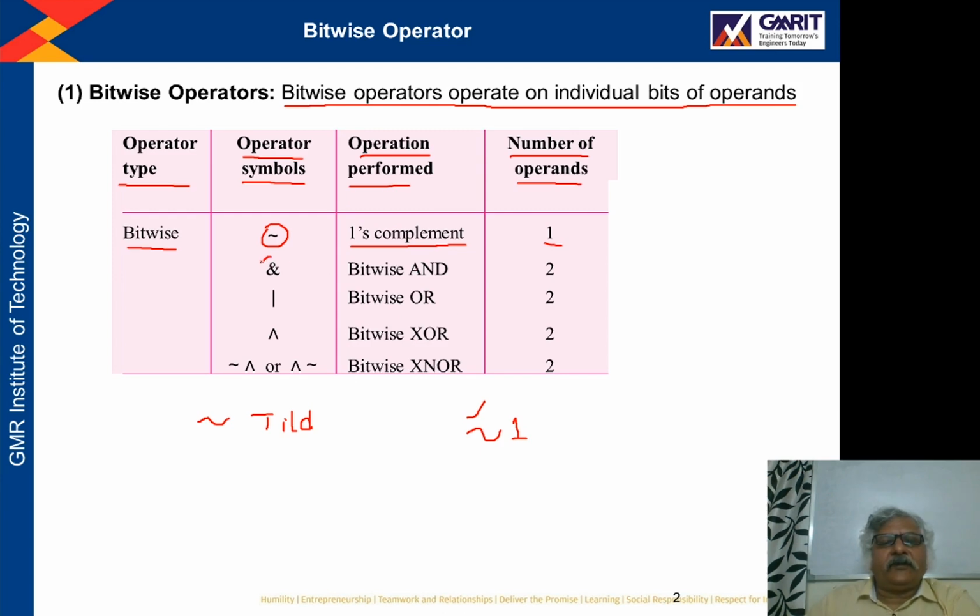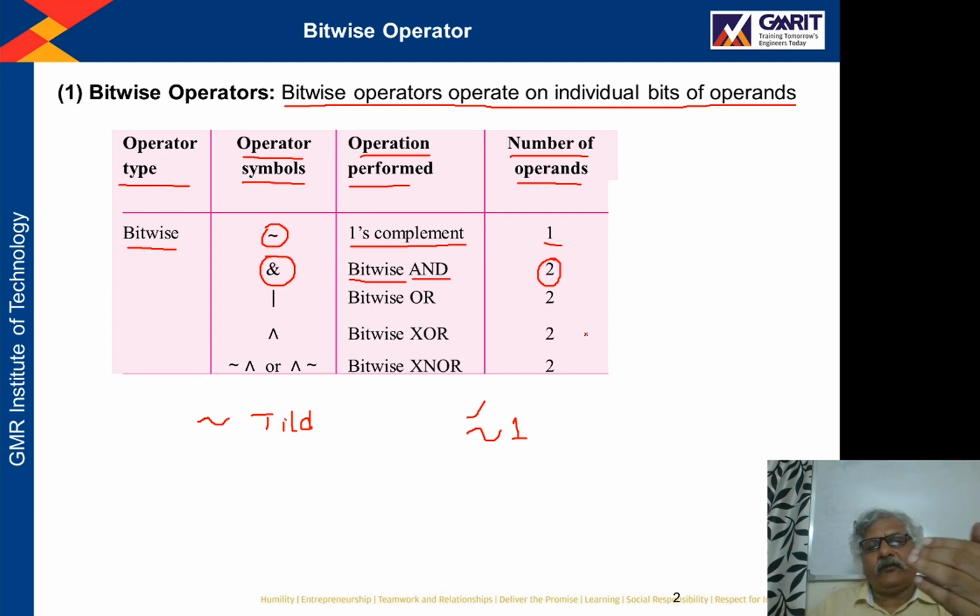The second operator, this symbol, is called ampersand. It performs the bitwise AND operation, and two operands are required, because if you are going to perform an AND operation, you need a minimum of 2 bits.